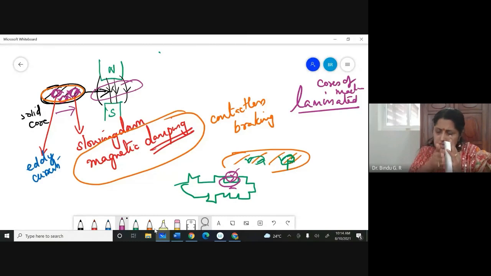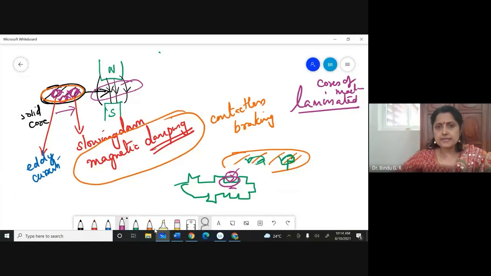In between the sheets there will be varnish, so that had it been a single core, eddy currents could form like this. But if you form the core using a number of sheets kept together, the eddy currents will find it hard to move and form larger circuits, and the eddy currents will be lessened.